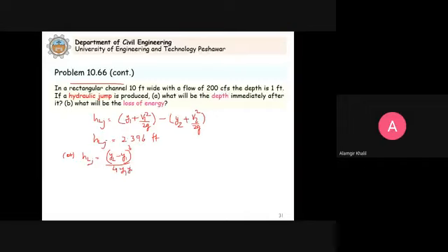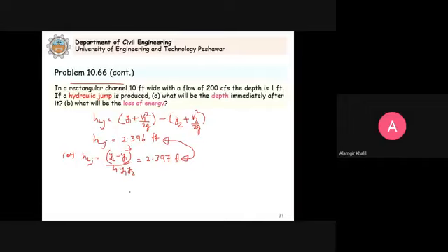We already know the depth before and after the jump. You just put the values. So this will be equal to 2.397 feet. So now you can compare the two answers. You will get the same result.